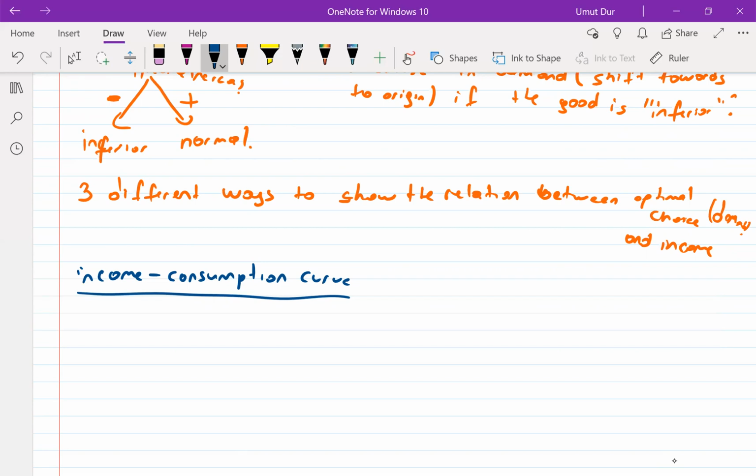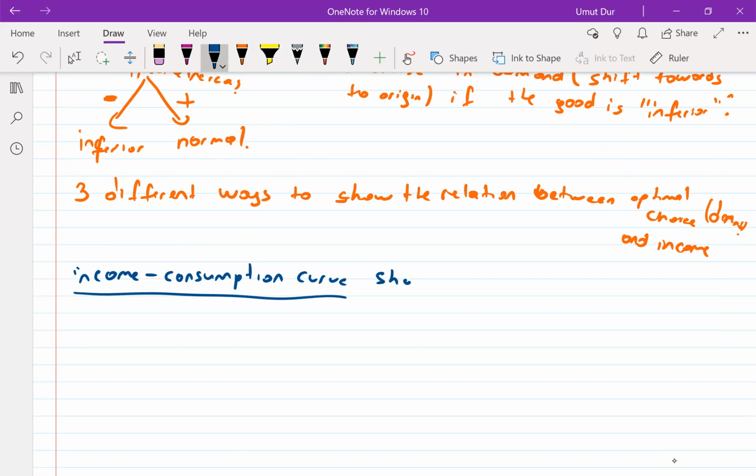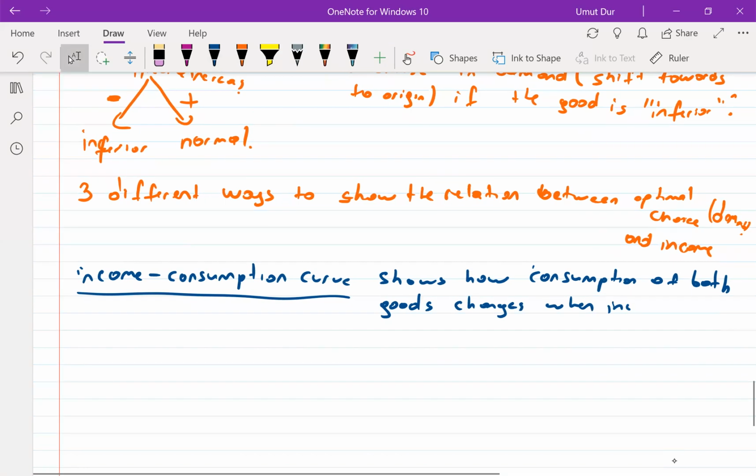And it actually shows how consumption of both goods changes when income changes.